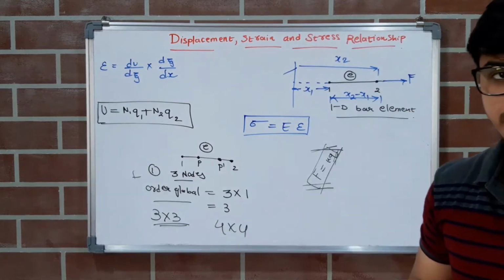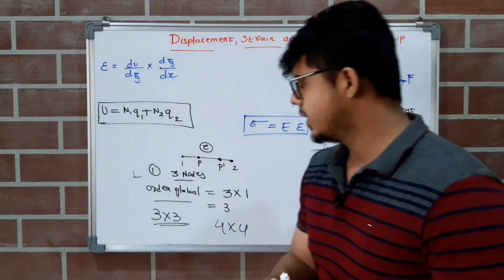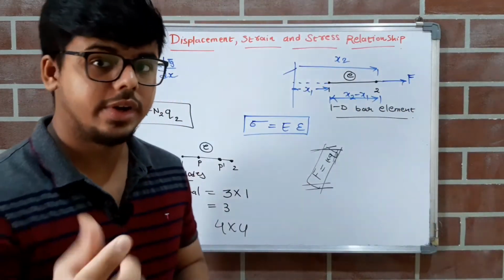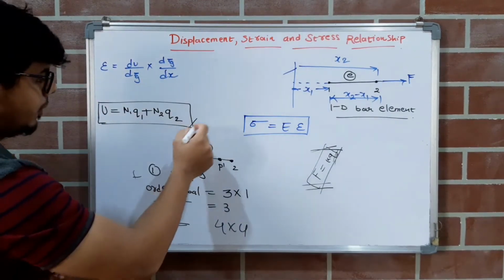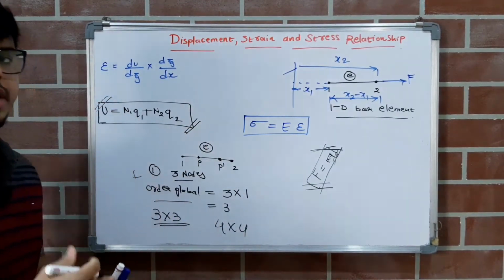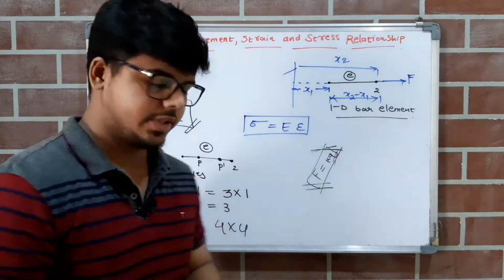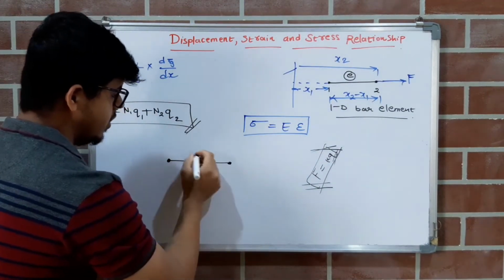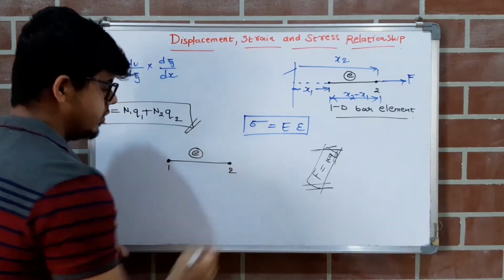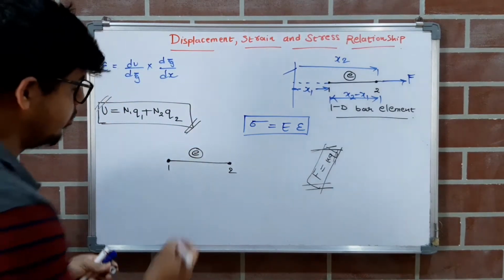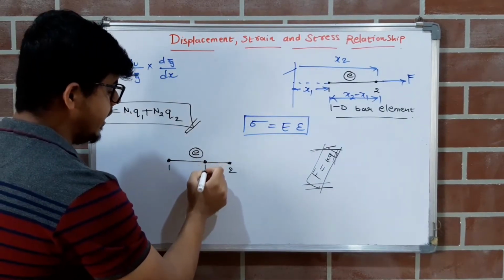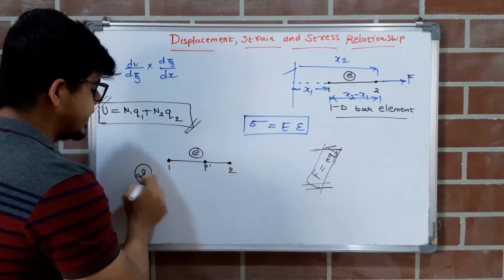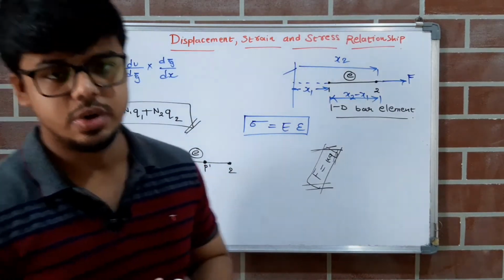So to make the calculation easy, don't worry, we have a beautiful formula by which we can find the displacement at any point in the element. So just observe. The same problem, now I want to find the displacement at this point, let's say P dash. Now we are not considering P dash as a node.